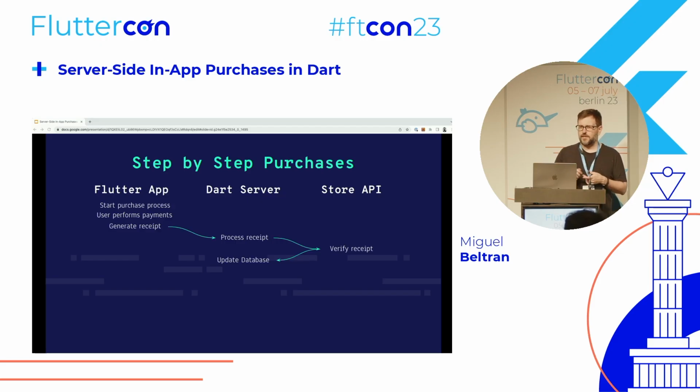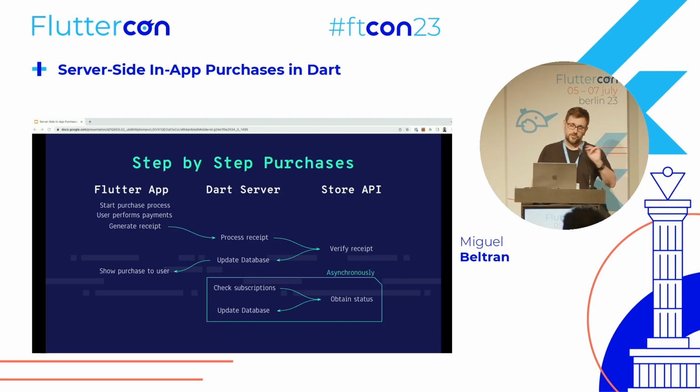This will be things like the order ID, the state of the subscription, when the subscription is expiring, all this kind of information. You really need a database to store this information. And then, everything went all right, so you can display to the user whatever they purchased.